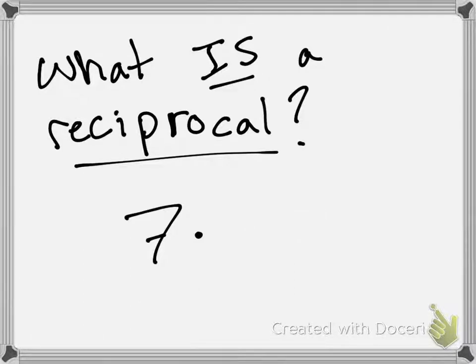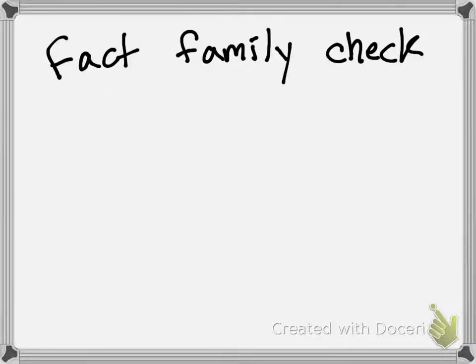So when we're dealing with fractions, however, we do have to flip. That's why we use our reciprocals, because we're changing from division to multiplication. But we do know that whenever we're dealing with multiplying or dividing by 1, nothing changes. Nothing changes. So in this case, we have our fact family check, right?